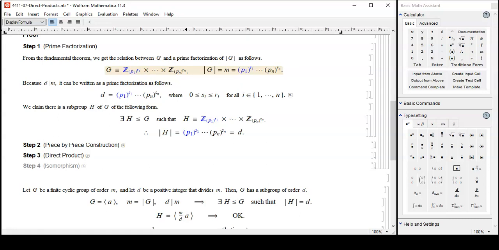And then similarly, in the end, this one in green, which corresponds to pn to the sn power, divides this factor, and this part is actually a subgroup of this.